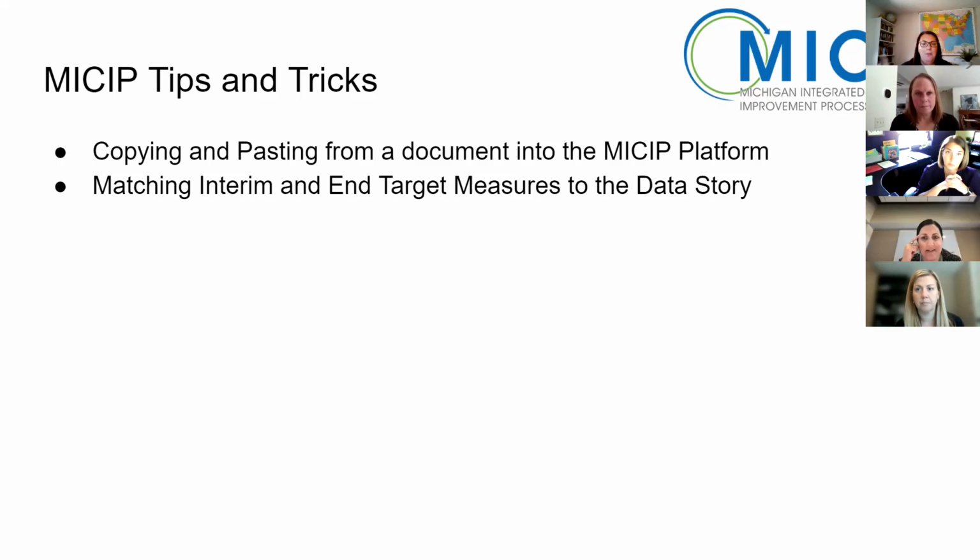We were copy pasting, and we got to the bottom and it wouldn't let us save or move forward. Through trial and error, we figured out that you have to actually enter something physically into those text boxes within the platform for it to read what you pasted.